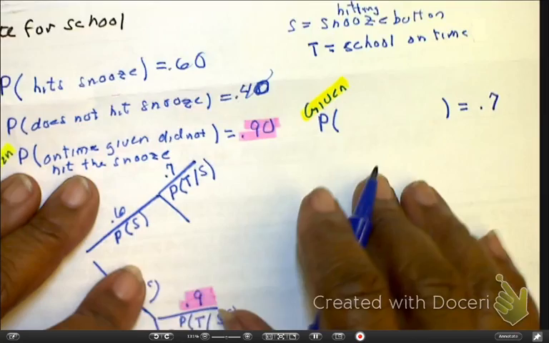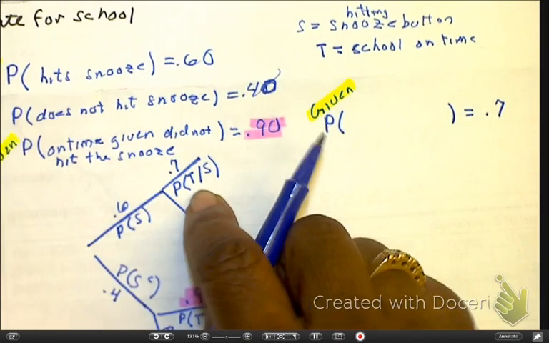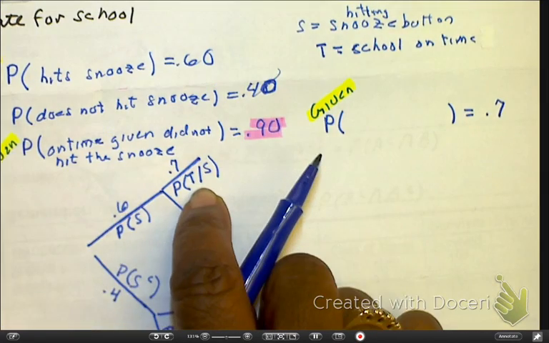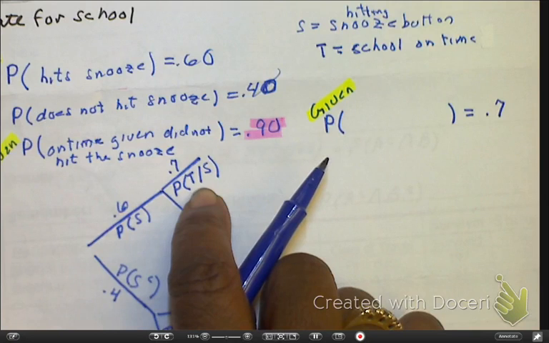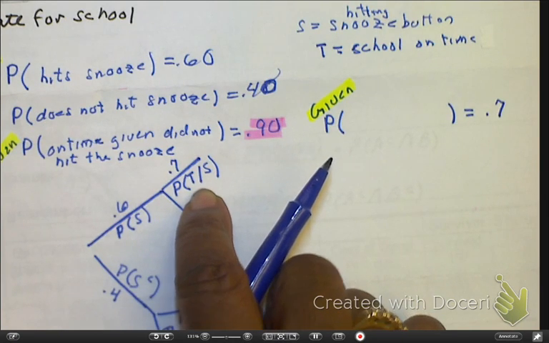Because it says that if she hits the snooze button, there's only a 70% chance that she makes it to class on time.